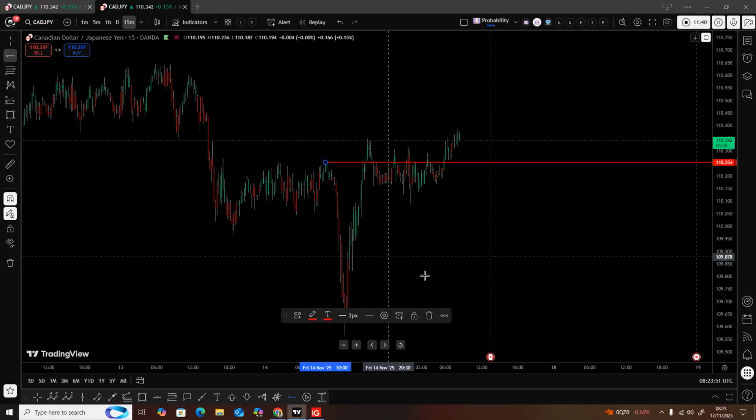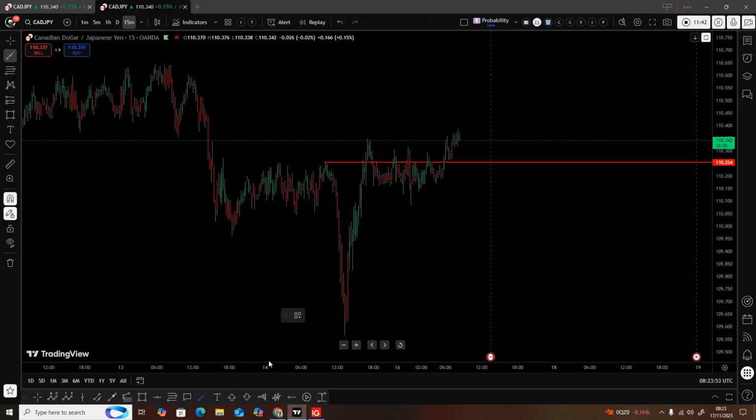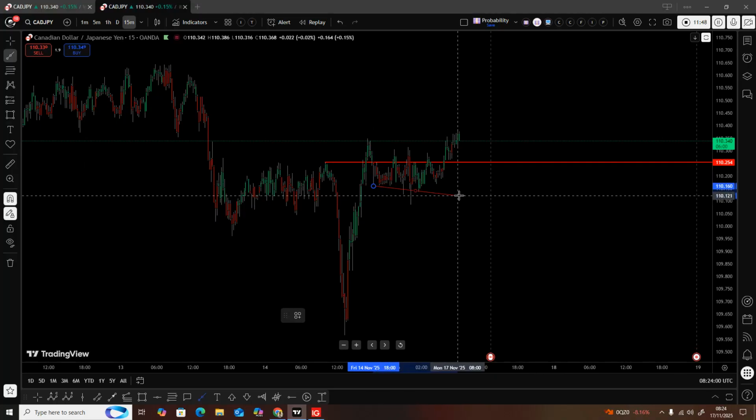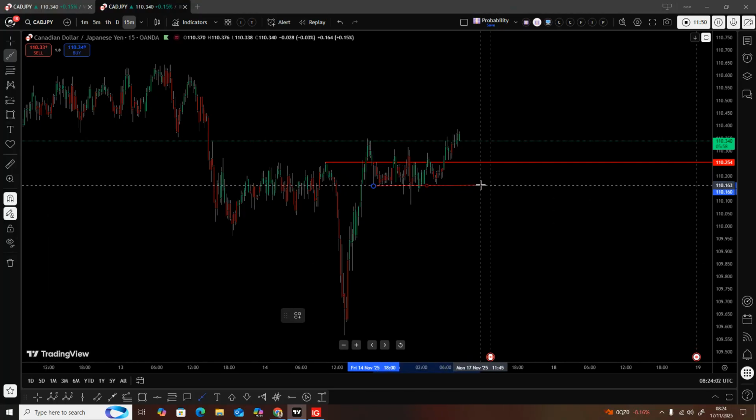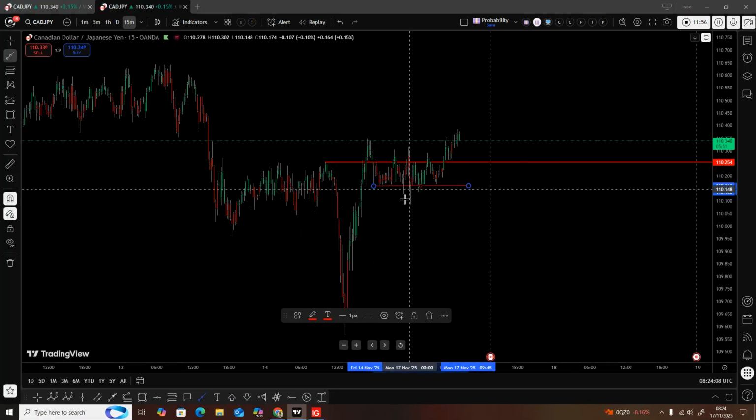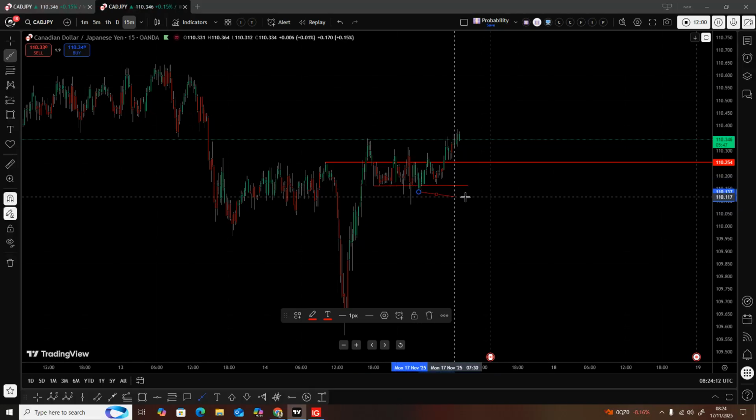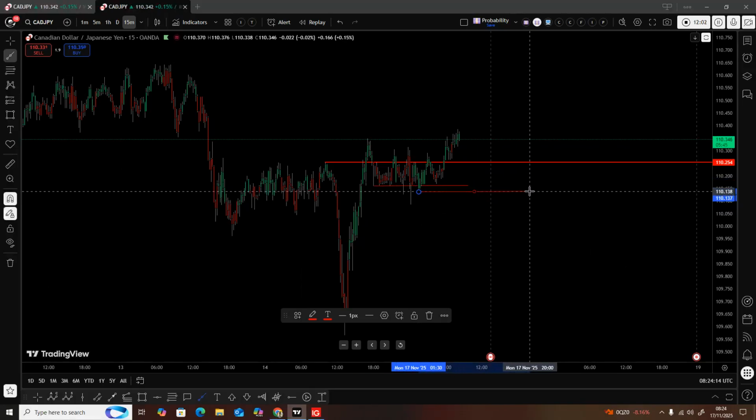This one is slightly different. Break, pullback, that is the pullback. That's the pullback low. There, we came below it with a pin. You can see there's no close until this one. So technically, this will be your sell.